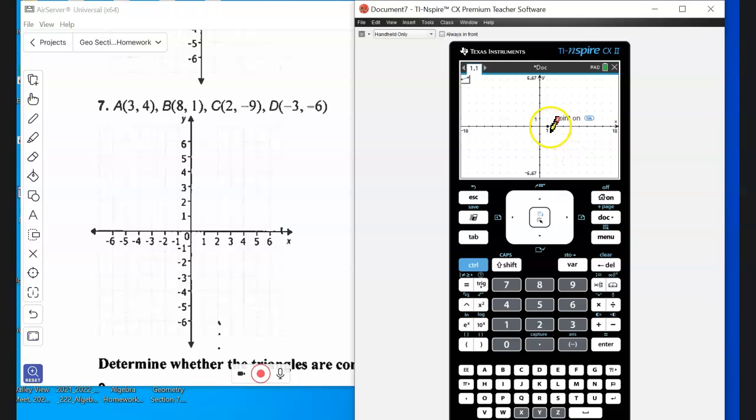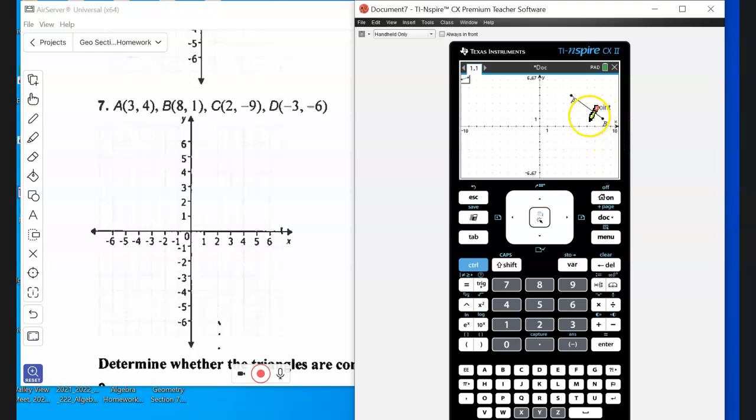So I have 3, 4. So it's going to be 1, 2, 3, 1, 2, 3, 4. That's 3, 4. Then 8, 1. So that's 8, 1.